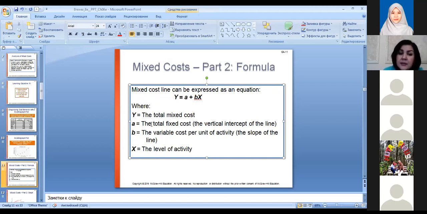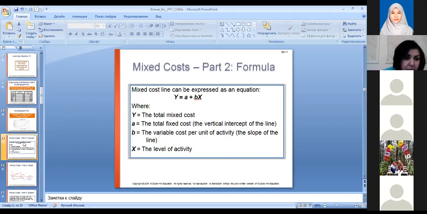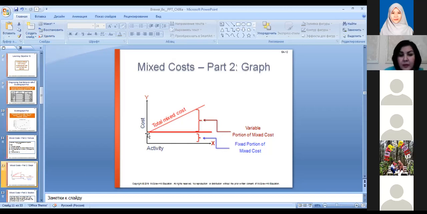A is the total fixed cost, the vertical intercept of the line. Let's look at the vertical intercept of the line. This is the vertical intercept. This is A, the amount of fixed cost.